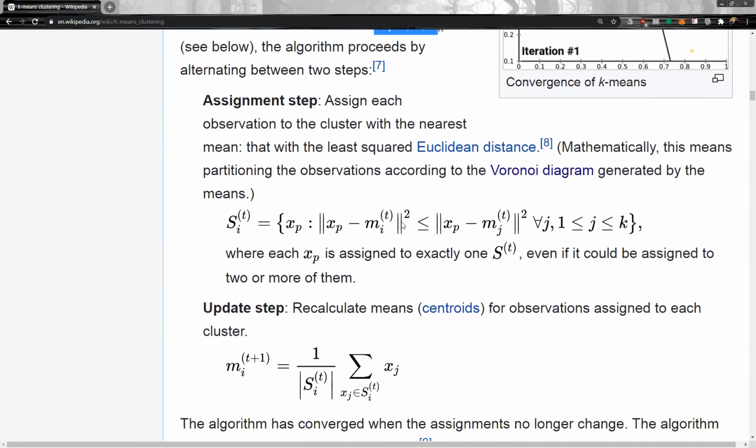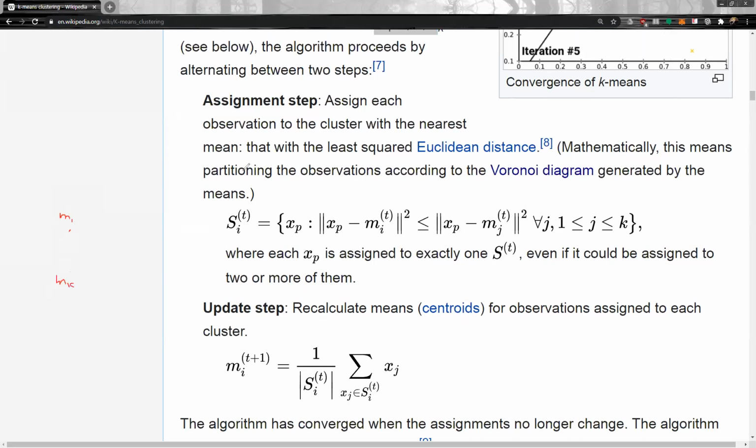We have k new sets, and for each set we recalculate the mean: for every xj which belongs to Si, we average it. So we recalculate the center, and we have new centers m1 to mk.